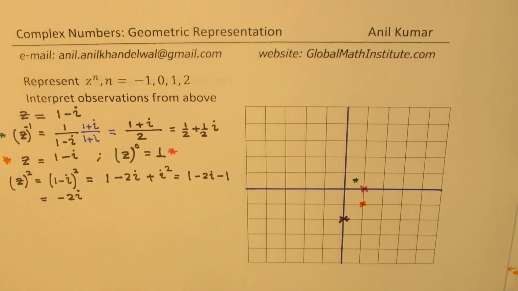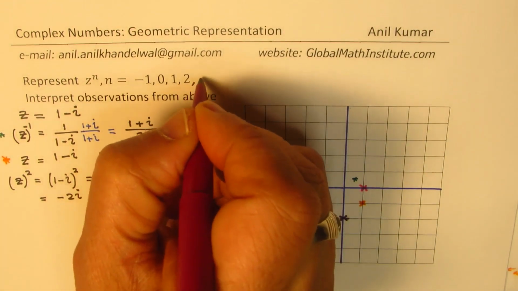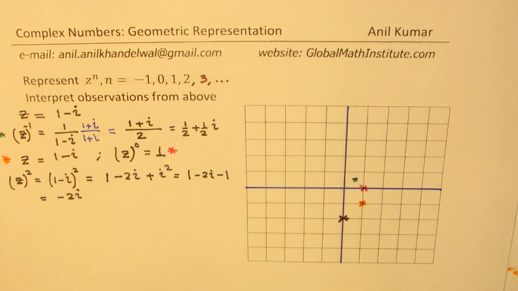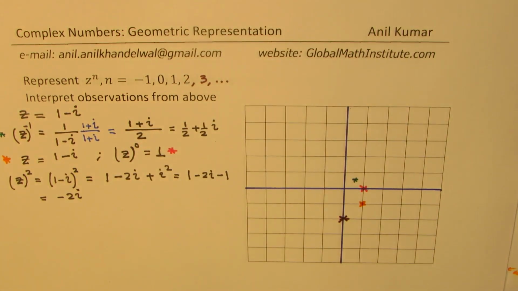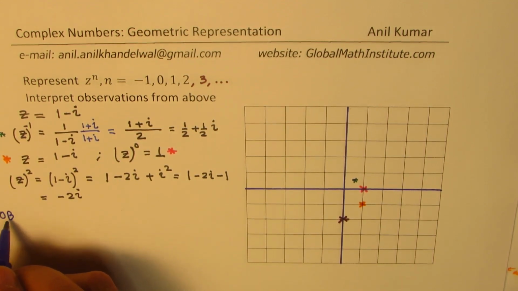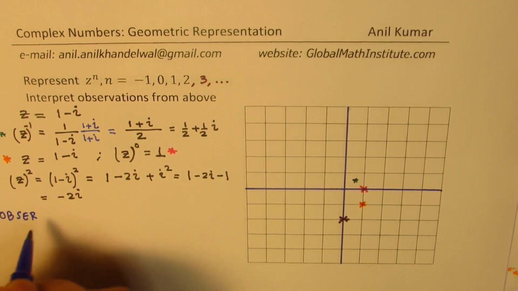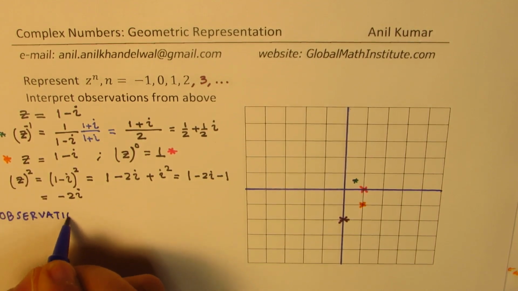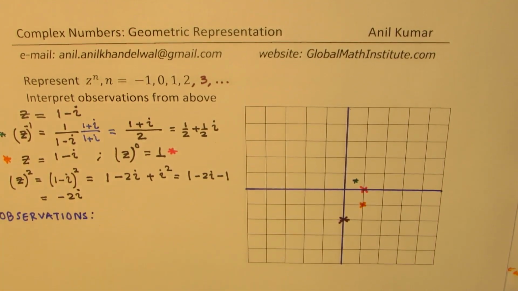So what do you notice, right? We can actually continue this process. So what do you notice? As we observed earlier, basically there are two observations.